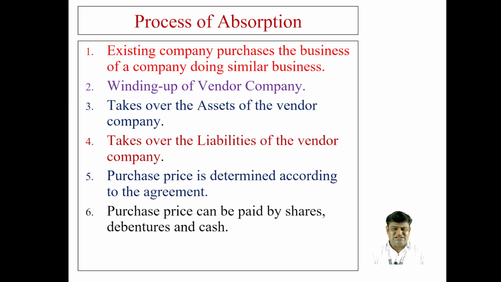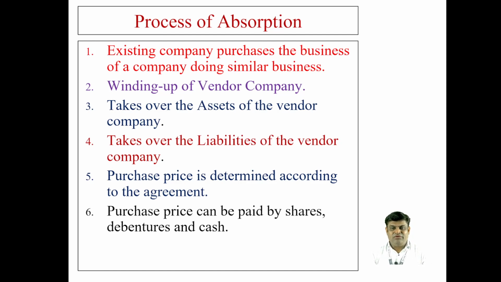Then this purchase consideration is paid by the purchasing company to the shareholders of the vendor company or the other creditors of the vendor company, which covers a combination of shares, debentures and cash, or any one of them. Sometimes a combination of shares along with debentures and cash is paid to the shareholders and the other creditors of the vendor company.